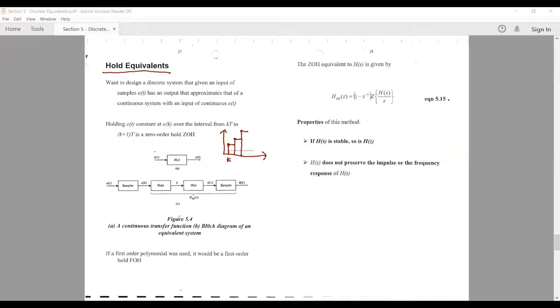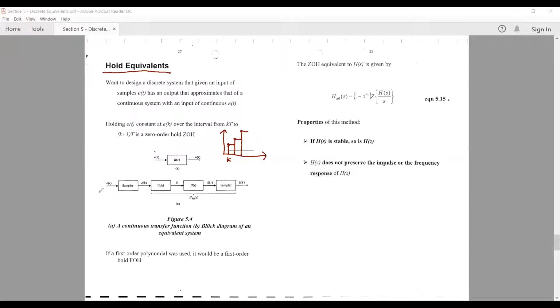If you look at figure 5.4, part A is a continuous transfer function. You have input E and output U, and the transfer function is H of s. Let's say this is a controller transfer function. The block diagram in part B is an equivalent system using a zero order hold or a hold circuit.